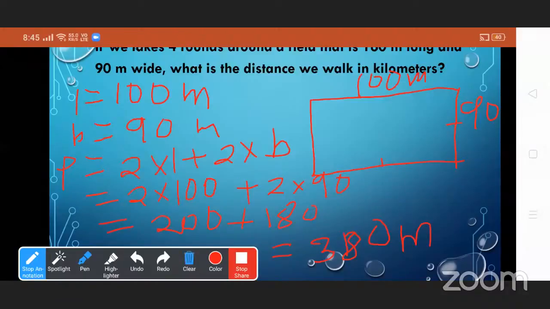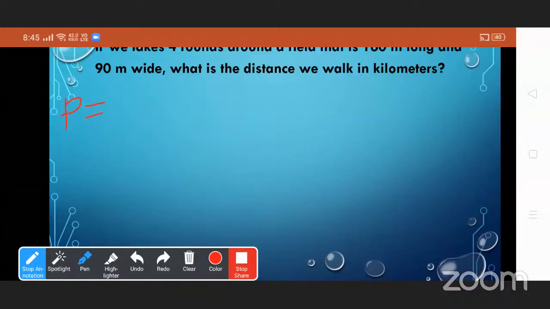So P is 380 meter. But see, the problem is if we take around, means we take 4 rounds.